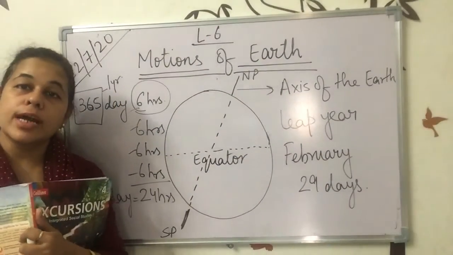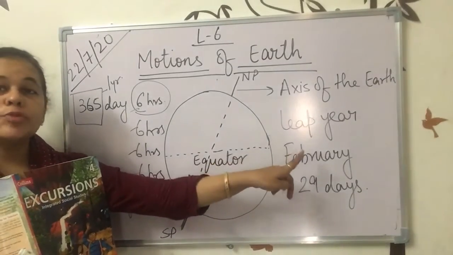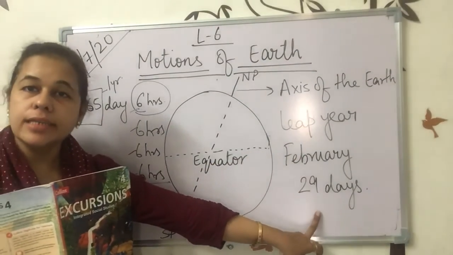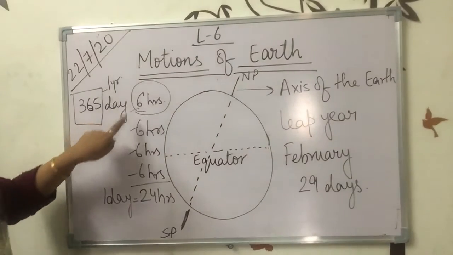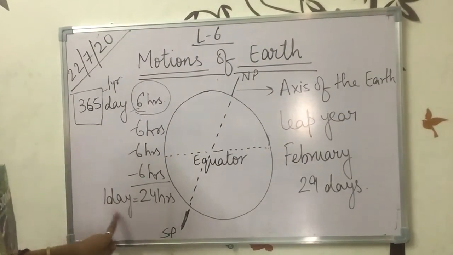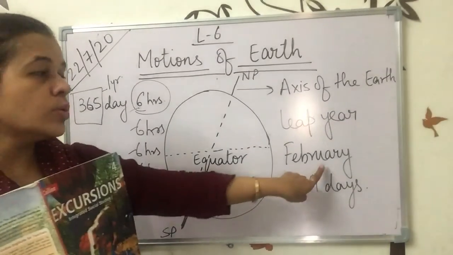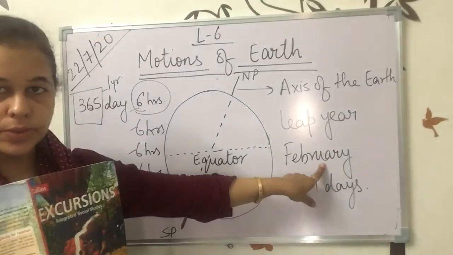Normally February has 28 days, but in the leap year February will have 29 days. Why? Because these 6 hours, added every 4th year, become 1 day in the 4th year. That 1 day is added to the month of February.